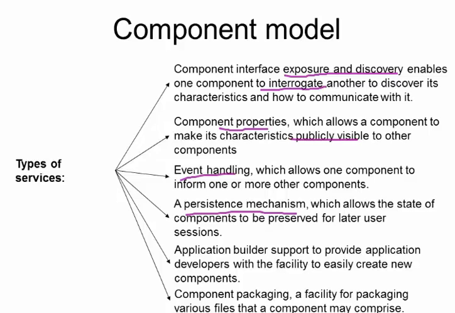You want it to remember it so that when it starts back up, it's as you left it. That's all the persistence mechanism means. It remembers how it was set, or it remembers some of the data potentially. It's got some support to let developers build it and make new ones. And again, we can package them up with all the bits that we need so that they work.